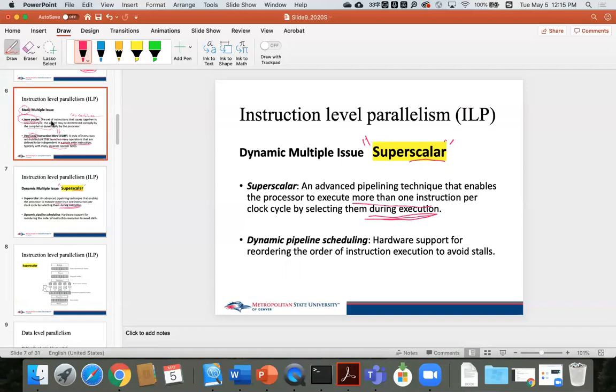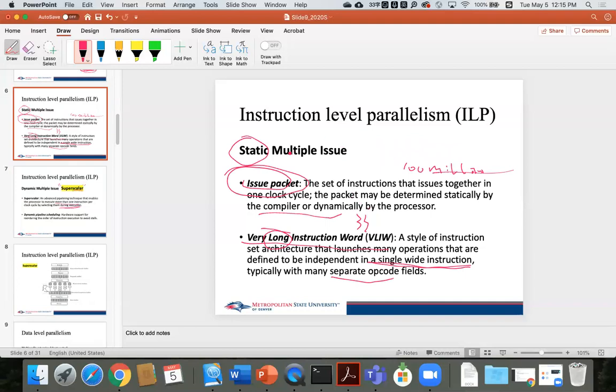The static multiple issue is like, I have 1,000 things to deal with, and how can I do it in parallel? So I divide them into packets, and execute one packet, then another packet, then a third packet, things like that.